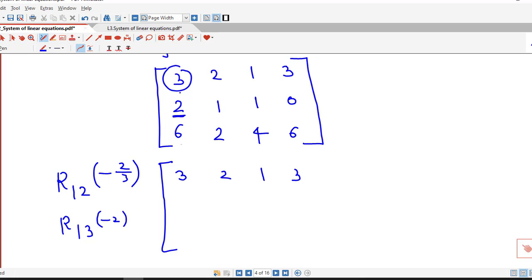Multiplying first row by -2 by 3. So 3 into -2 by 3, that is -2, and plus 2, which is 0. Then 2 into -2 by 3, that is -4 by 3 plus 1, or 1 minus 4 by 3, which is -1 by 3.